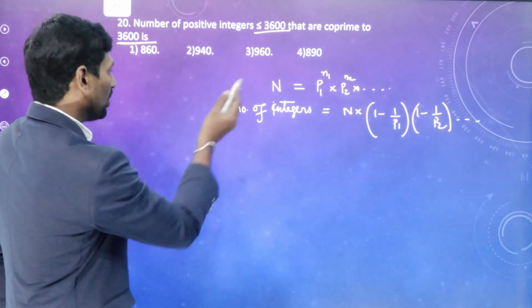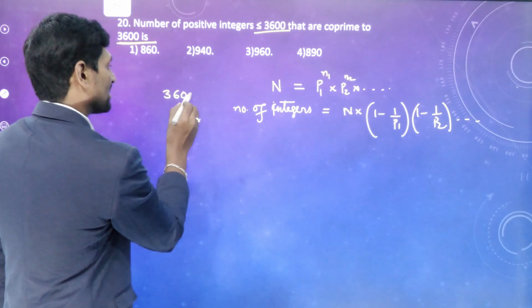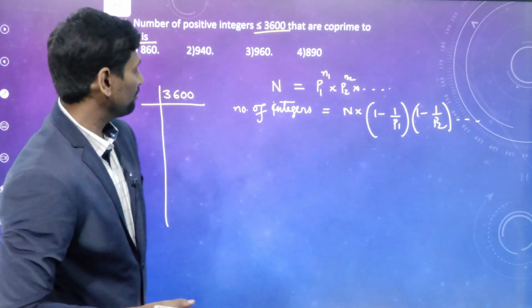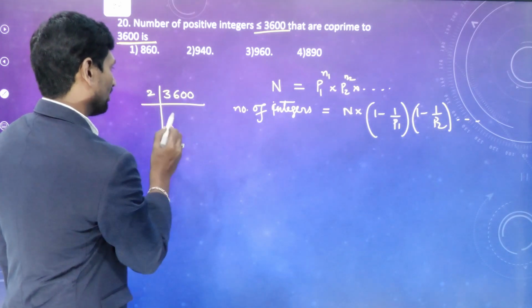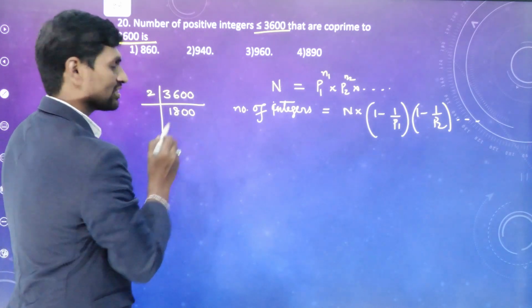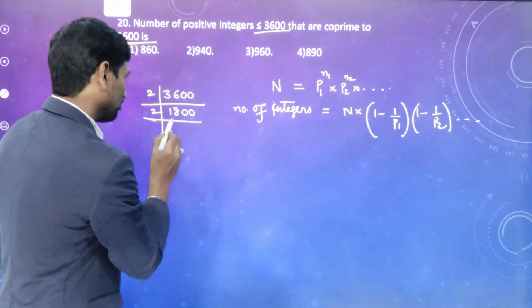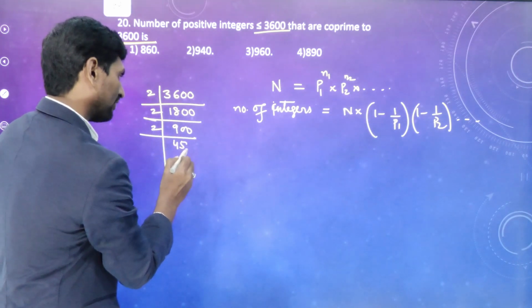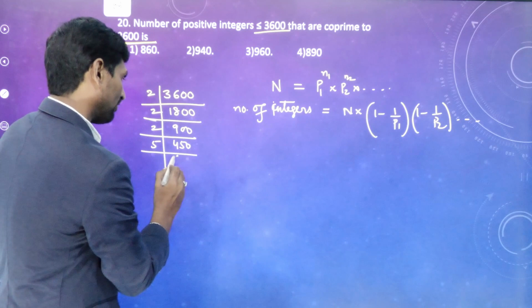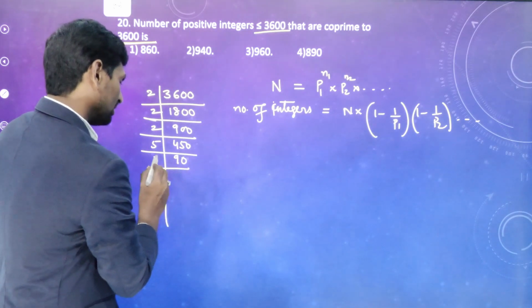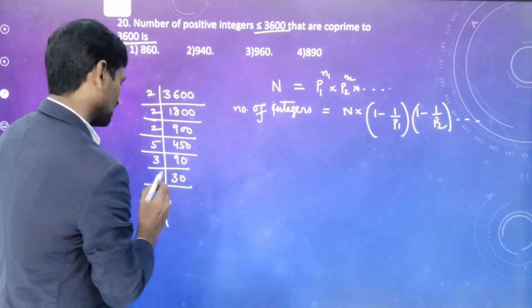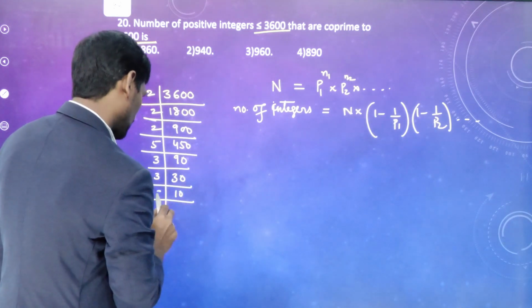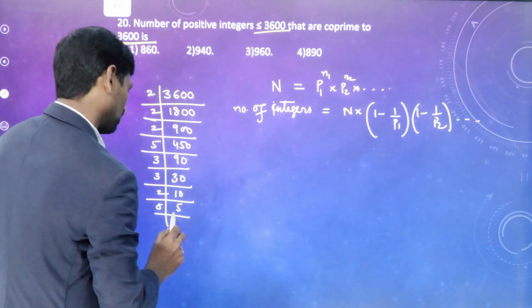Okay, same way, what is the 3600 here? Let us express this in prime factorization. So 2 table 2 18 36, here 2 zeros as it is. Again 2 table 9 times, 2 table 450, now 5 table 5 nines 45, 3 table 30 times, 3 table 10 times, 2 table 5 times and 5 table 1 time.